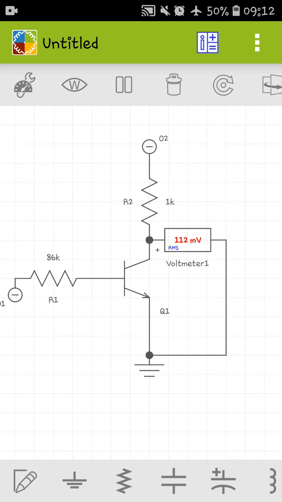Which means 0.005 ampere. So the current through this resistor is 0.005 ampere, because this is the collector resistor and the collector current is 50 microampere times beta, which is 100.